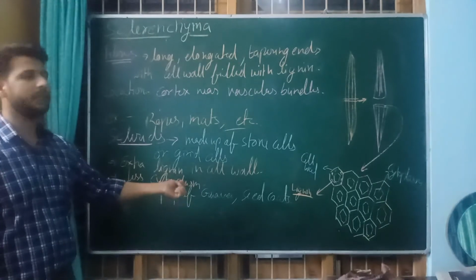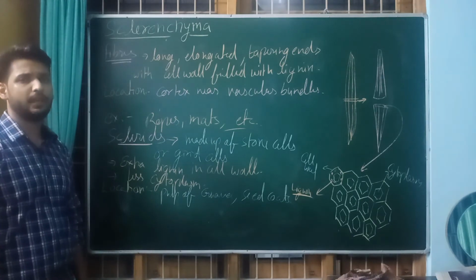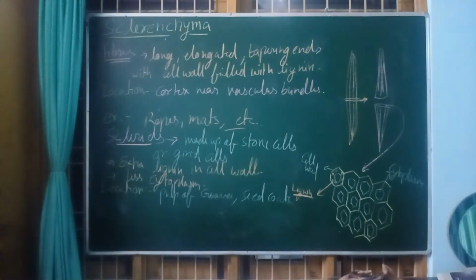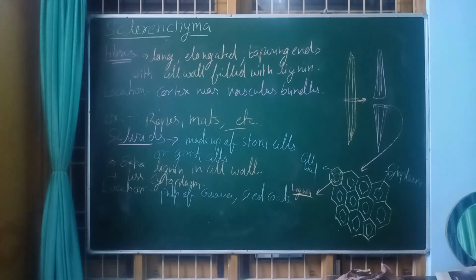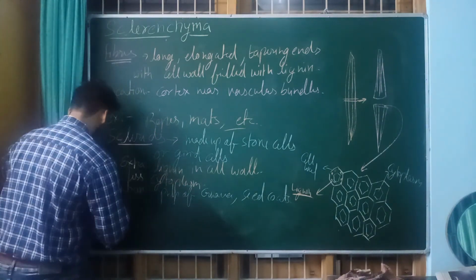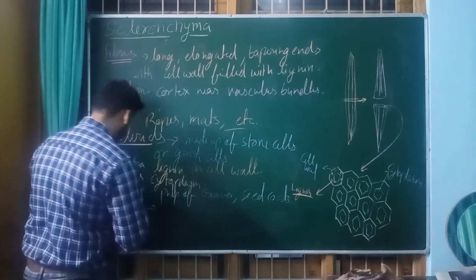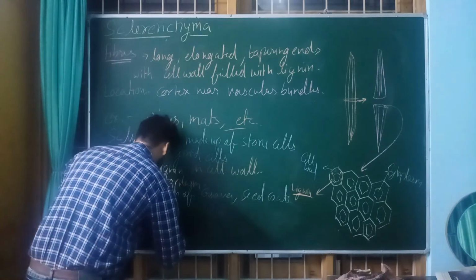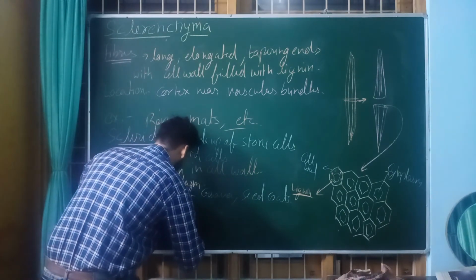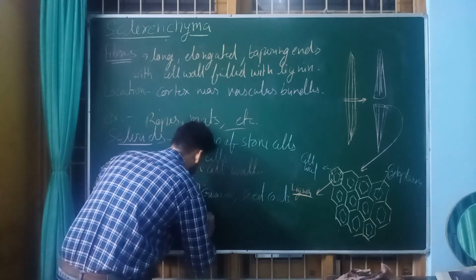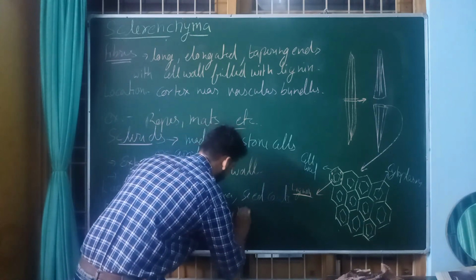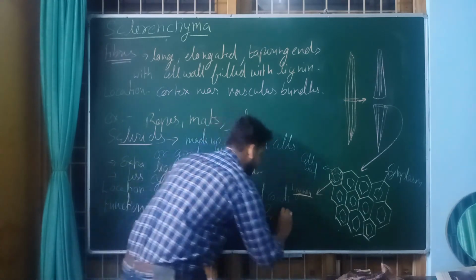Wherever a hard seed coat is present, these stone cells, or sclereids, are present there. Got it? Here the function is to provide mechanical strength and rigidity to the plant. So the last point, we can write function: mechanical support and rigidity.